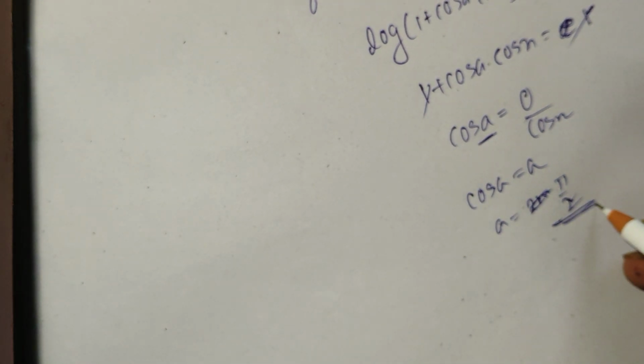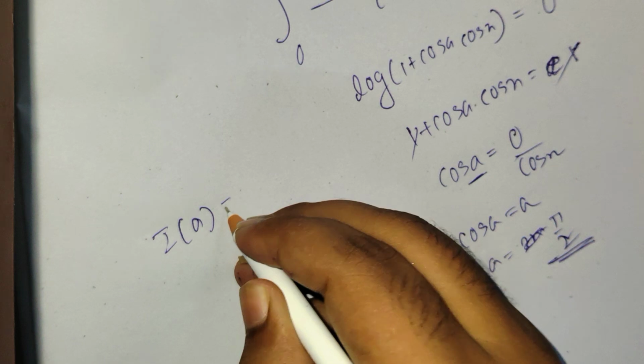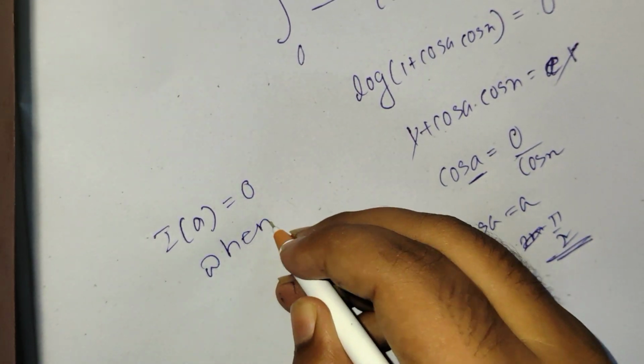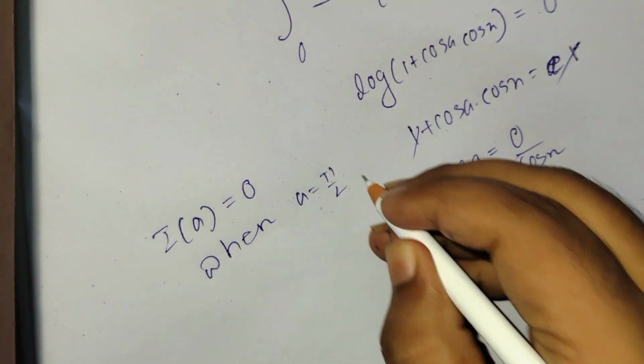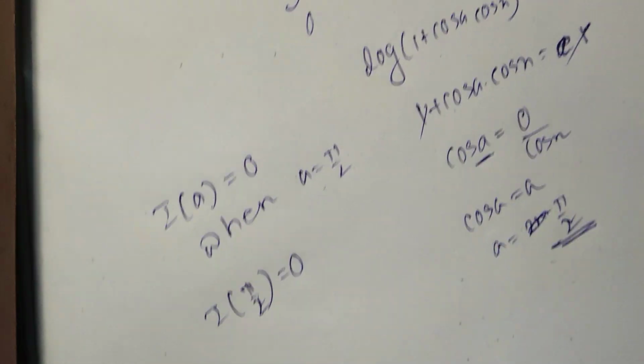So we have to take the first value which we will get. Like in that case, a is equal to pi by 2. So we can say that I a is equals to 0 when a equals to pi by 2. So we can say I of pi by 2 is 0, right?